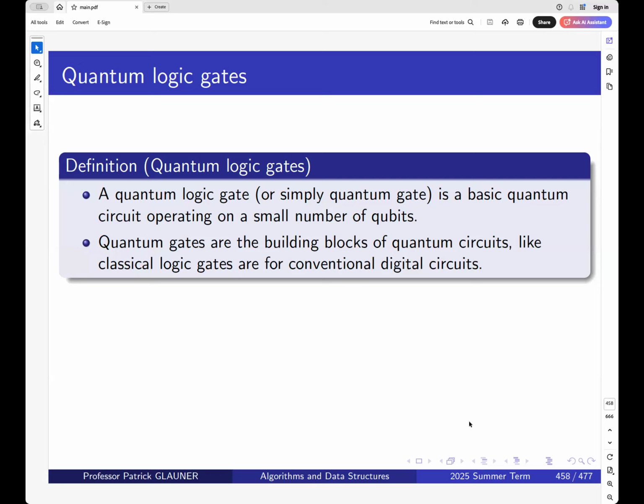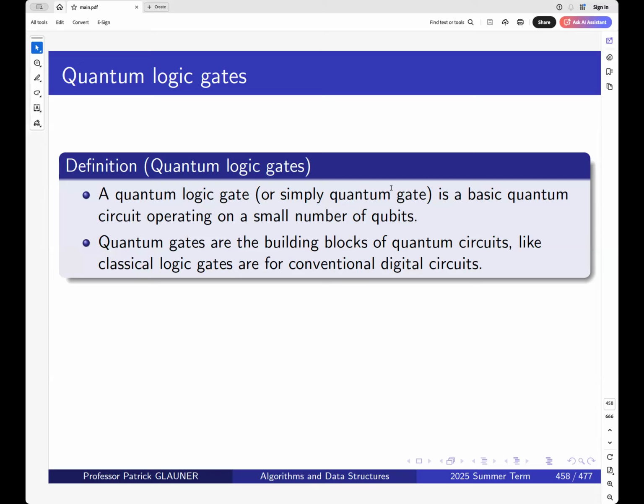And here in quantum computing, we need different quantum logic gates. For now, we just call them quantum logic gates, or quantum gates, which means the same. These are the fundamental operations we need in quantum computing. Eventually, these quantum gates are the building blocks of our quantum algorithms, because we just combine various fundamental operations in order to do the computations that we want.